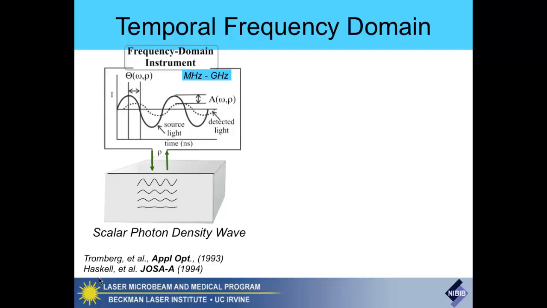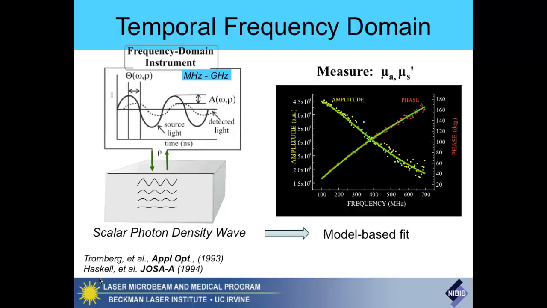And then I'll have a detector that's collecting some of the remitted, the backscattered light, and I measure the phase and the amplitude compared to a reference signal. And from that phase and amplitude, literally, here's the measurement, and I'll fit that to the model, which Albert will tell you about. And I can deduce then the absorption and scattering properties of the tissue.